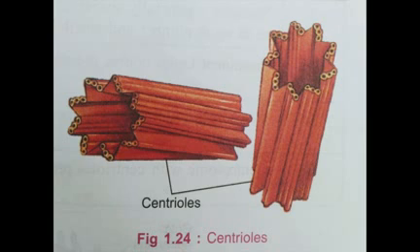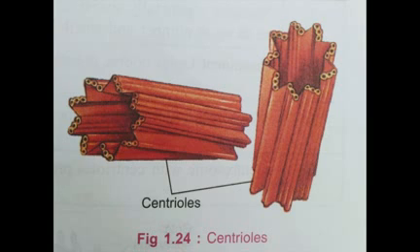During cell division, the centriole develops a number of radiating threads or rays. The whole structure, that is centriole and rays, is then called aster.